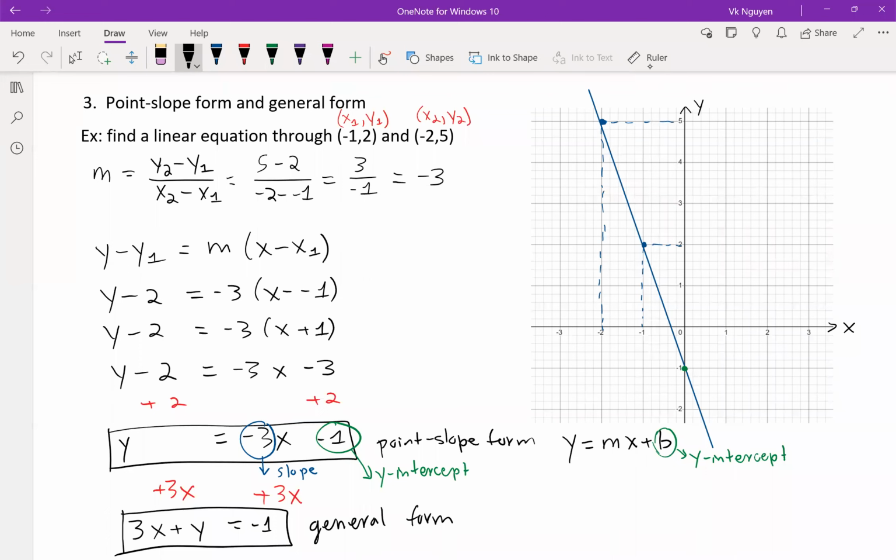And it is usually written as ax plus by equals c. Pretty cool. The point slope form is very useful in calculus. The general form is very useful in finite math. That is when you study the application in business, economy, and finance.